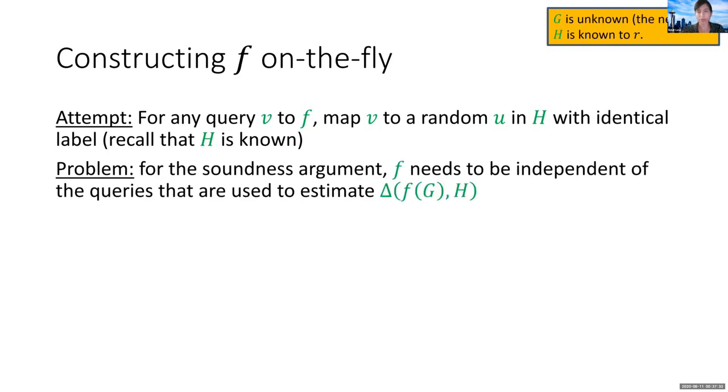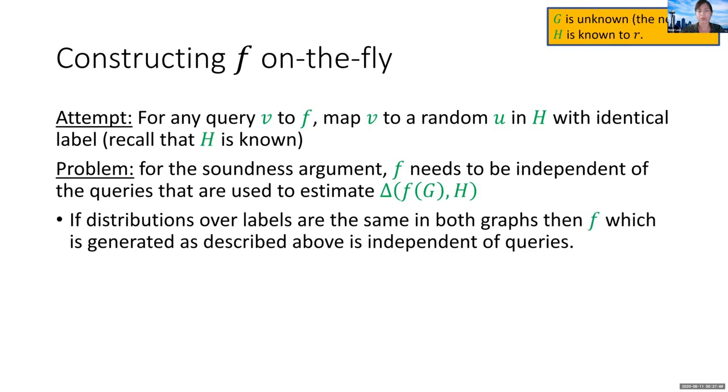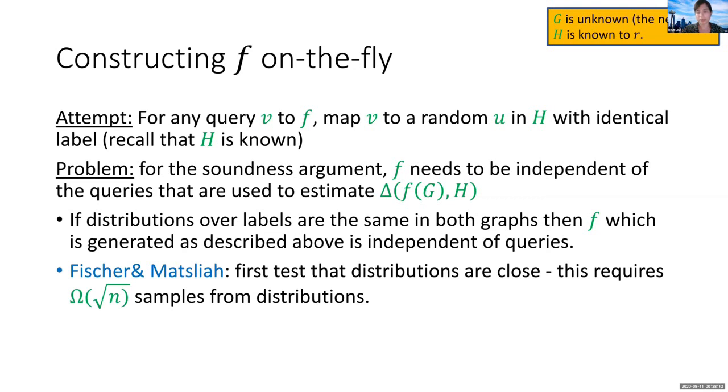The problem is that for the soundness of the test to hold, F needs to be independent of the queries that are used in order to estimate the distance between F of G and H. If the distributions over labels are the same in both graphs, then F, generated just by mapping vertices to random vertices that agree on their labels, is indeed independent of the queries that we make to it.